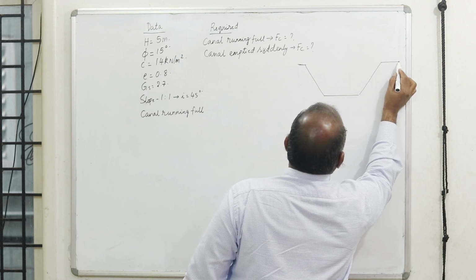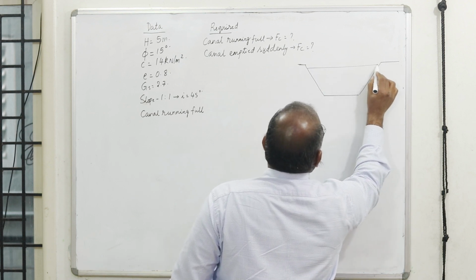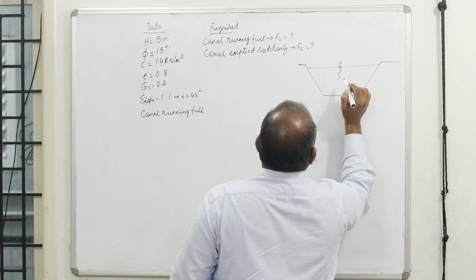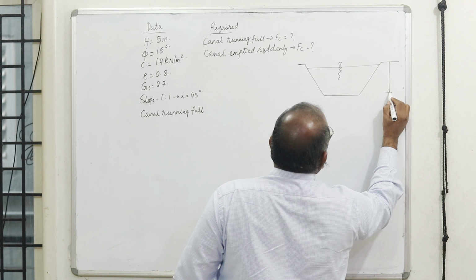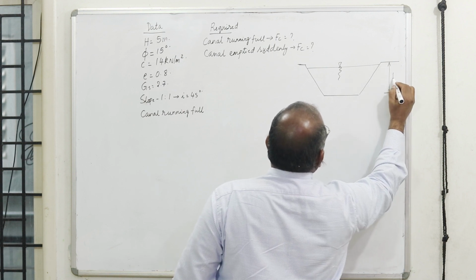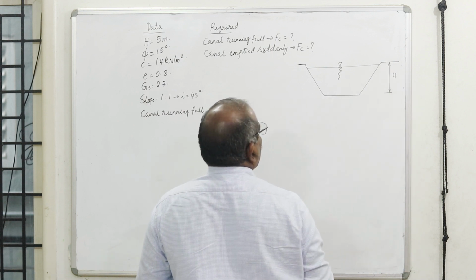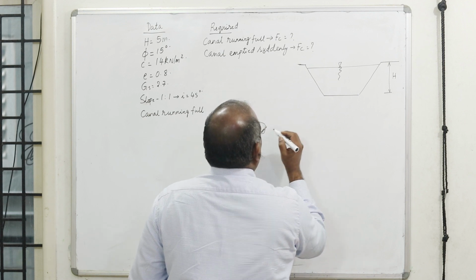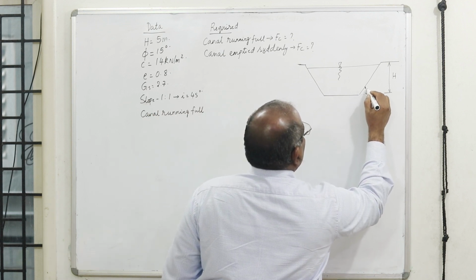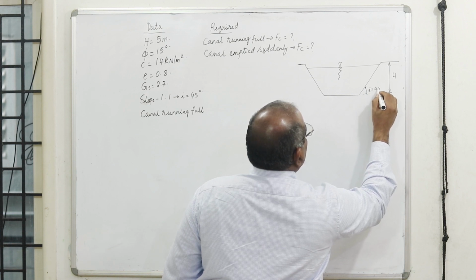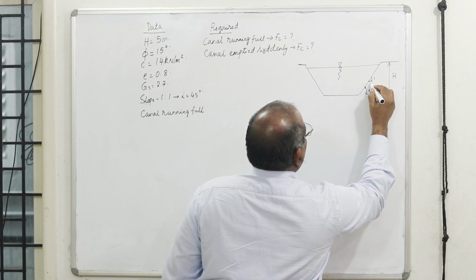See, you try to learn how to draw freehand diagrams. The height is almost full, it is running full, almost up to the brim. This is the slope angle, i is equal to 45 degrees, because this is 1:1.